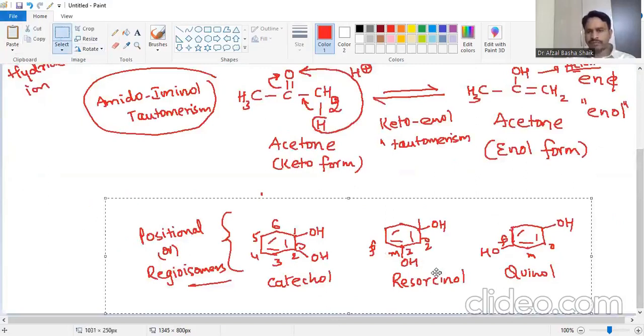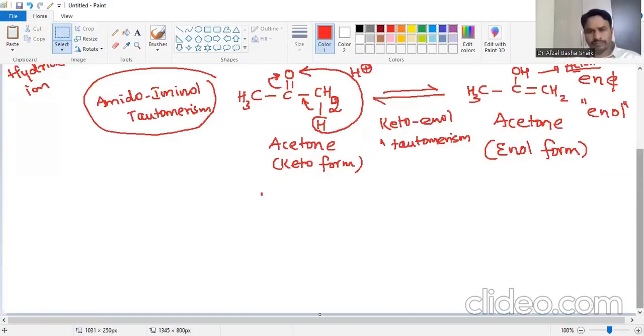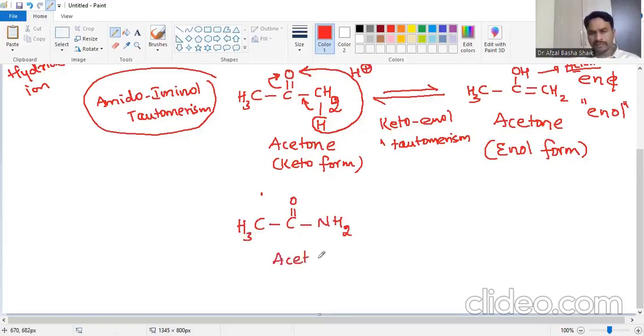Just a second. Say, this is your amide. This is your amide, acetamide, or the amide form.